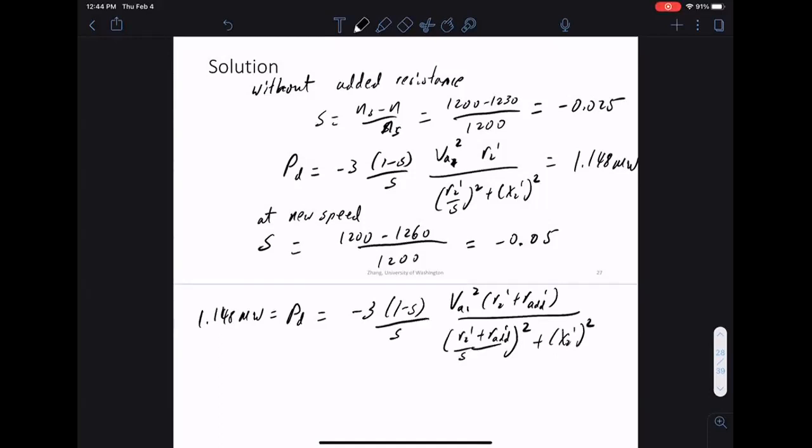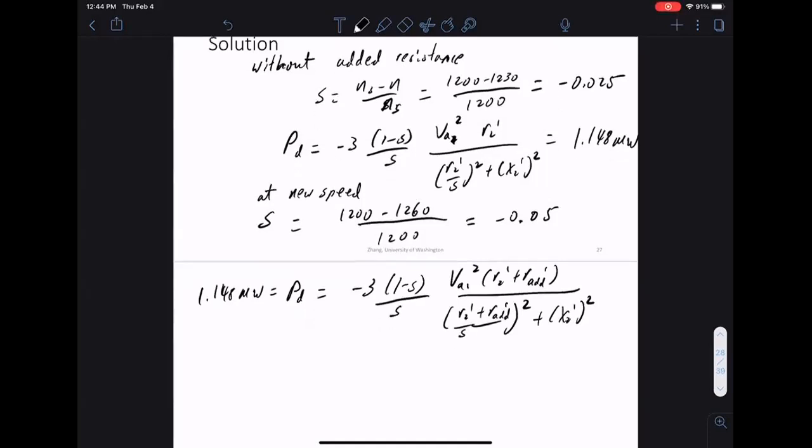If you plug in the numbers for R2 and X2, we can solve for R add. There's a single equation and a single variable. So how will you solve this equation? Any ideas?